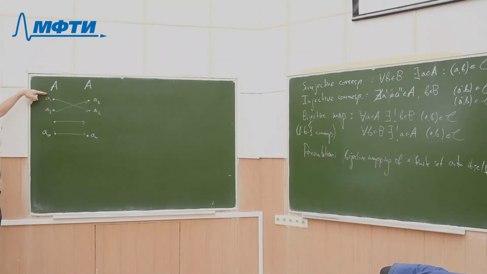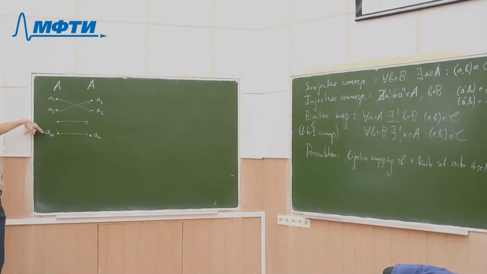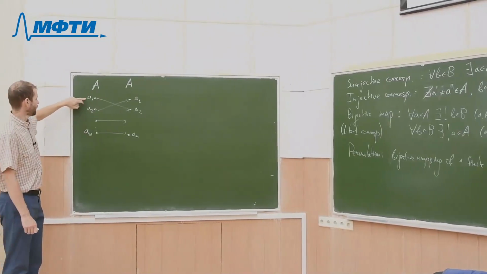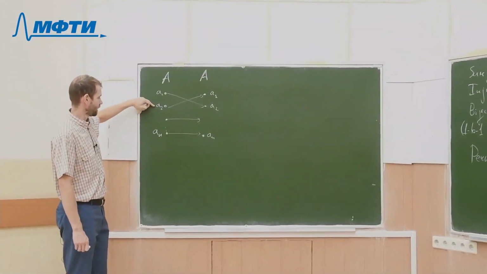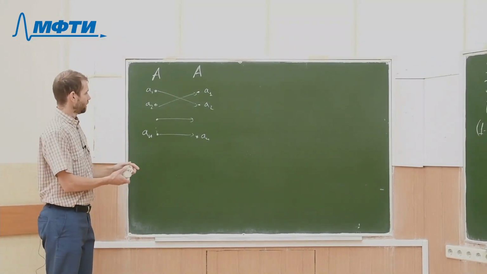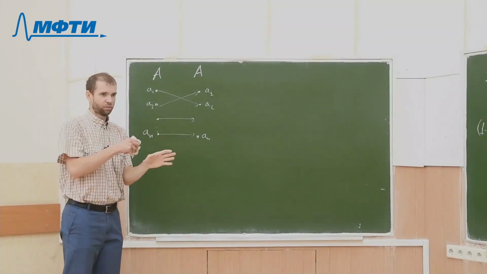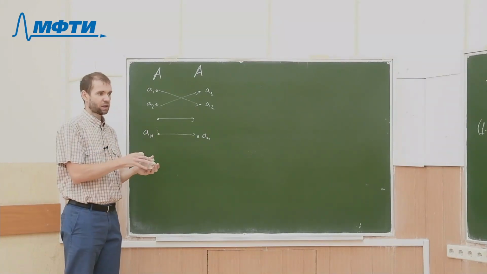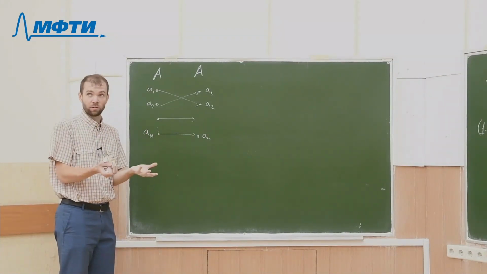If you imagine that they were queued in a line, so A1 was the first, A2 was the second, and so on, AN was the last one, then this picture really makes these objects stand in a different order.